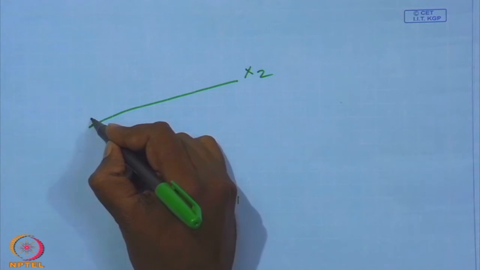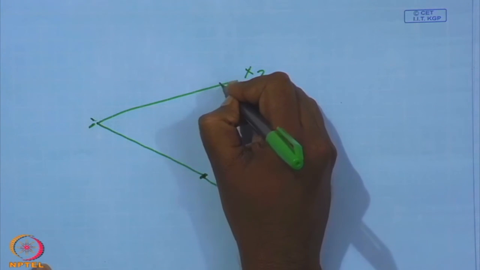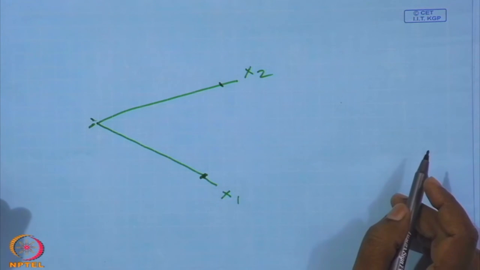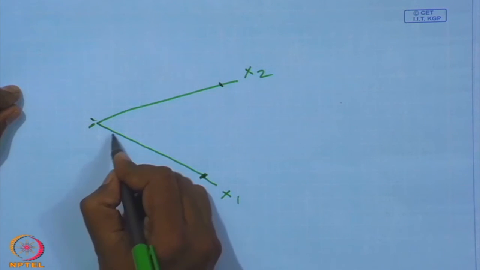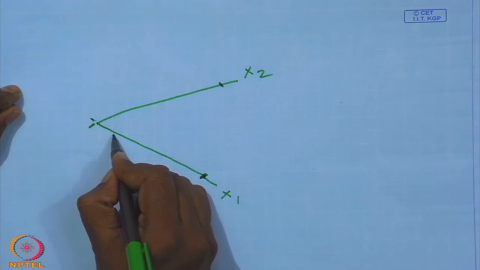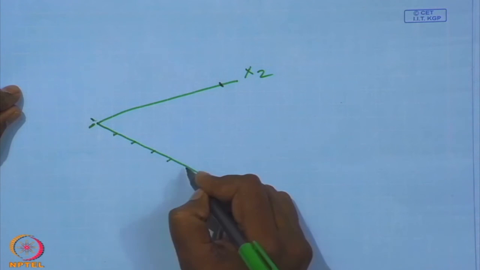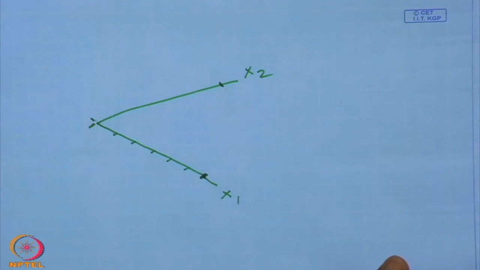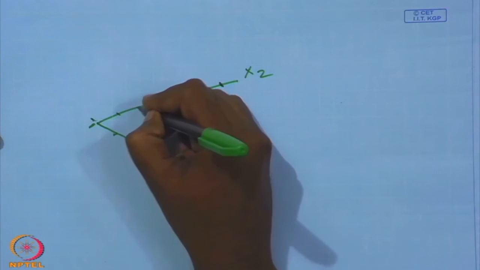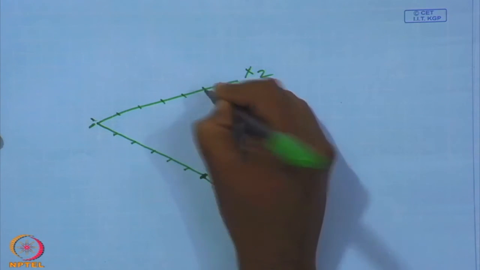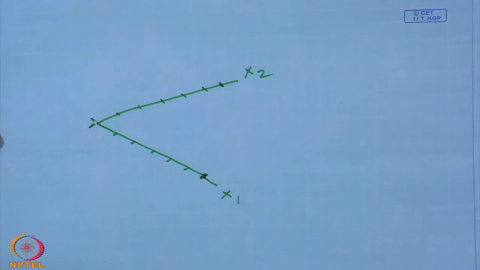Similarly, this is the minimum value of x 2 and somewhere over here we have the maximum value of x 2, which defines the range of x 2. So, if I divide x 1 into a number of bins, as we have done in case of 1 dimension, similarly x 2 is also divided into a number of bins.